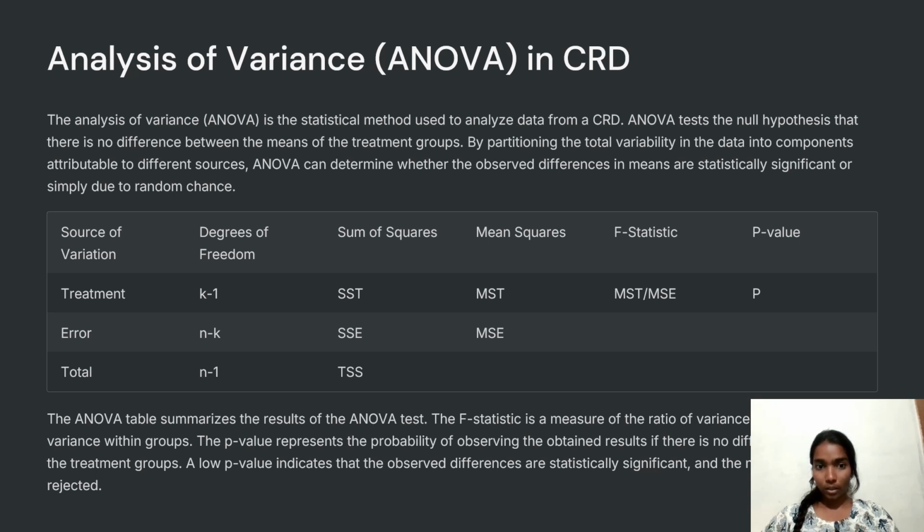ANOVA can determine whether the observed difference in means is statistically significant or simply due to random chance. The ANOVA table summarizes the results of the ANOVA test. The F statistic is a measure of the ratio of variance between the groups to the variance within the groups.